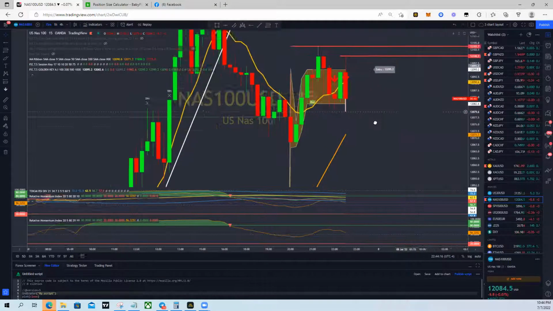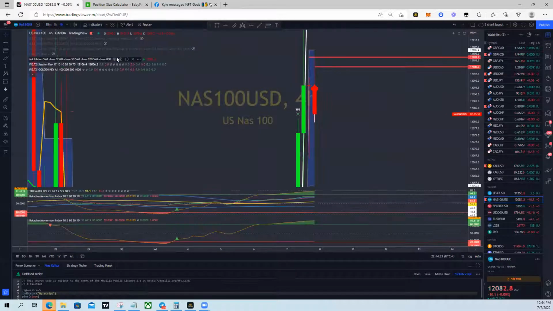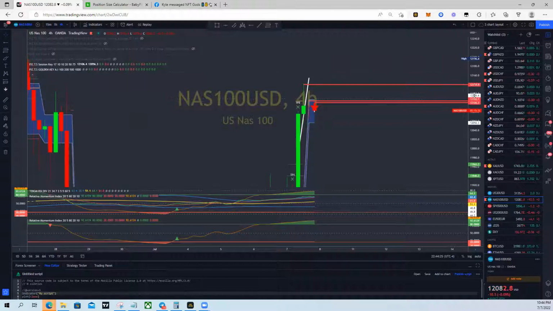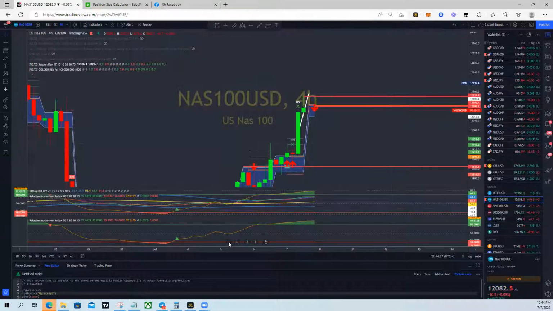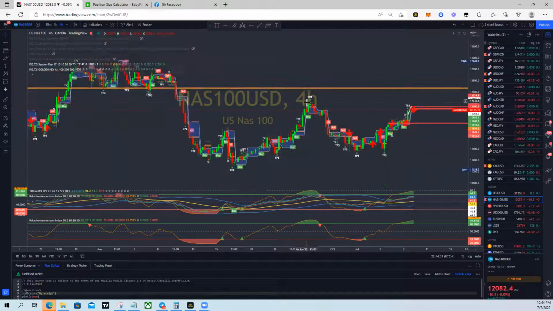Because if you look at the 4 hour chart, it's basically kissing that last major resistance. Right here? Yeah. Nice little pattern.